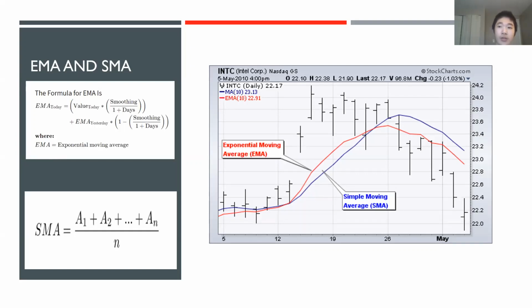The EMA yesterday, which is the previous exponential moving average for period 0, would be a simple moving average.